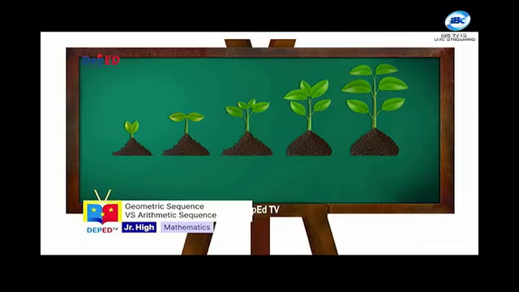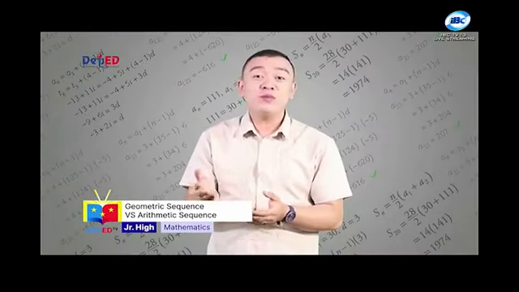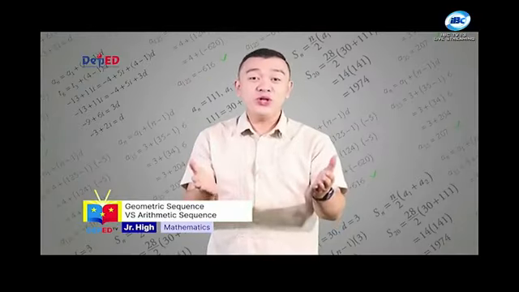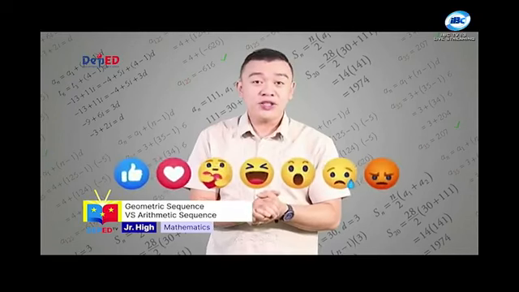Have you ever wondered how plants grow? In your Facebook account, how would you know how many likers or reactors you will have in a couple of minutes if a certain pattern is observed?